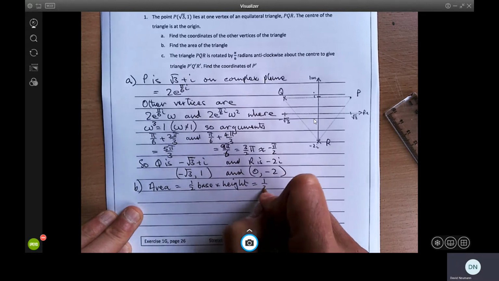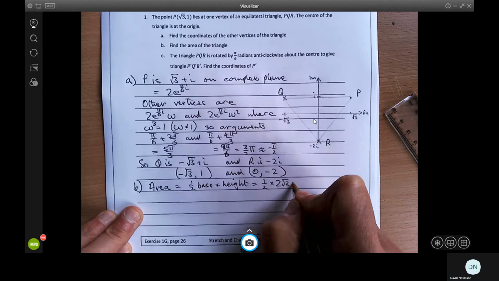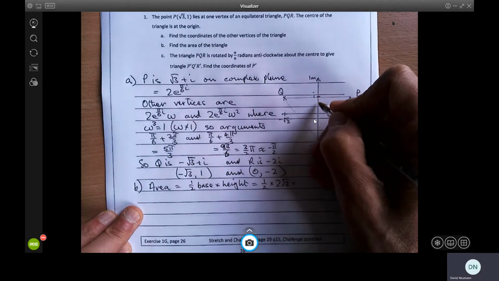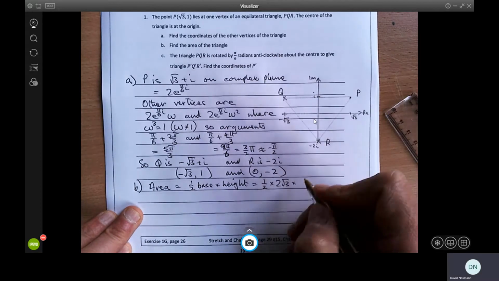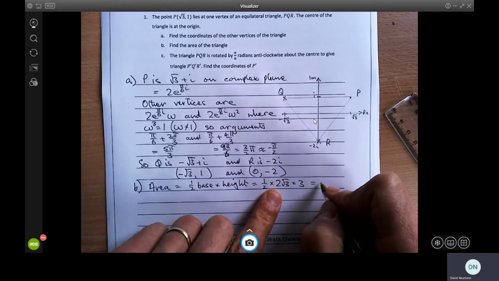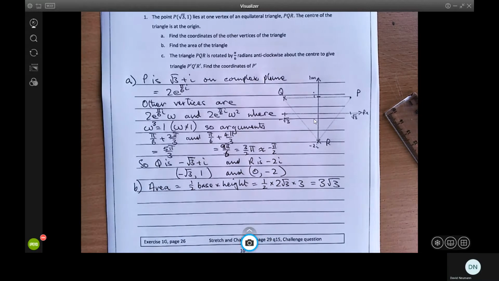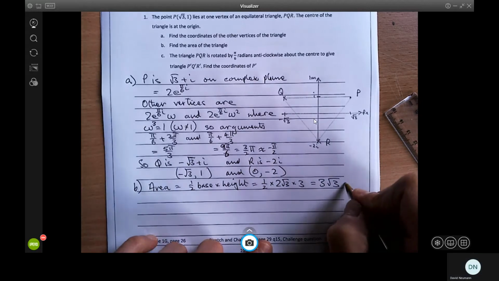So that's a half times base 2 root 3 times height, which is plus 1 there, minus 2 there, so 3. So it is 3 root 3 units squared.